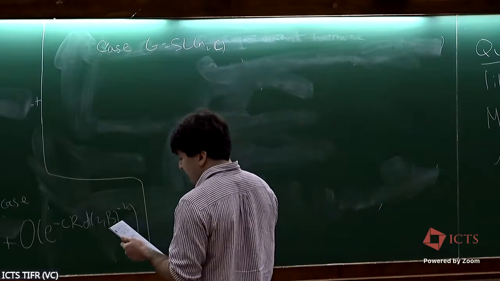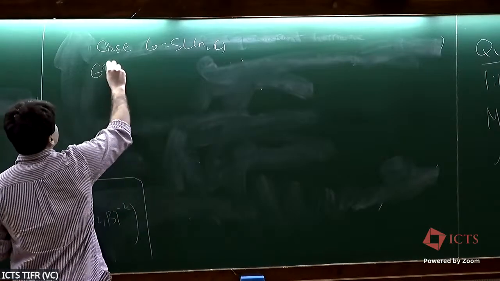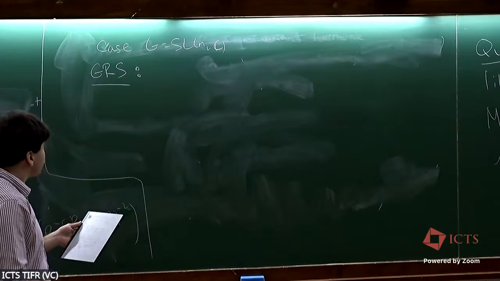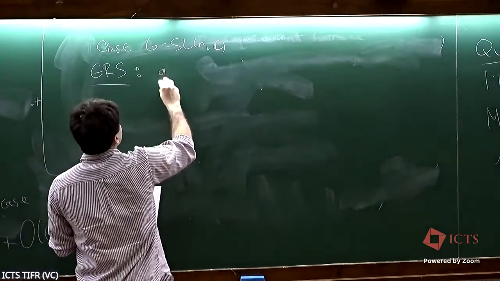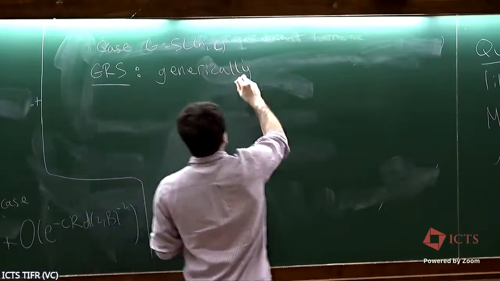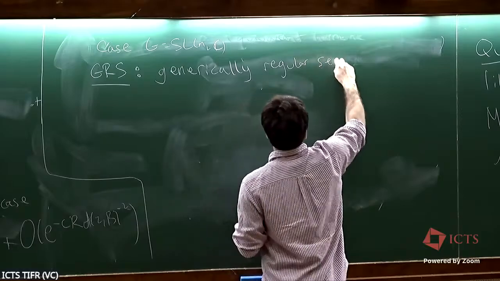Okay, so I'll explain things for G equals SLNC, and hopefully in a friendly way for someone who hasn't studied Higgs bundles much before, or Lie groups, because that was my setting when I learned all this. So GRS means generically regular semi-simple.